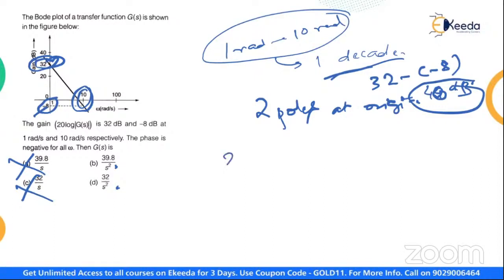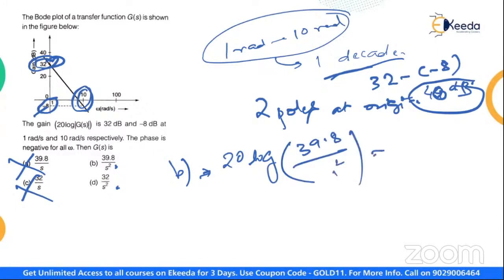So 20 log of, let us consider option B. 20 log of 39.8 upon s squared. So 39.8 upon s is 1 squared. This is equal to how much? This is equal to 32 dB.